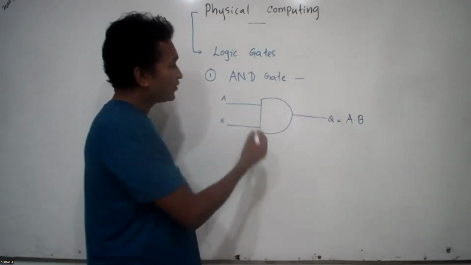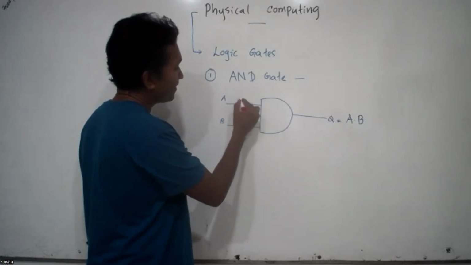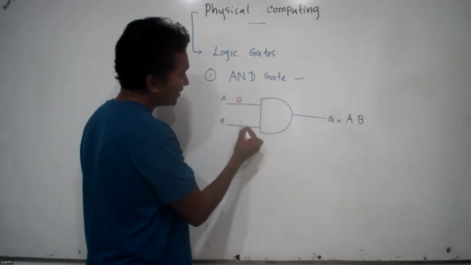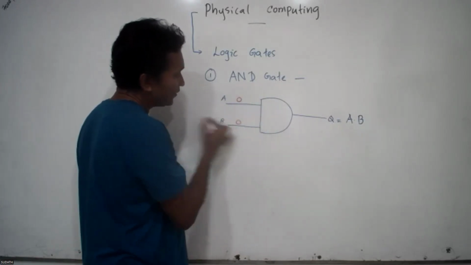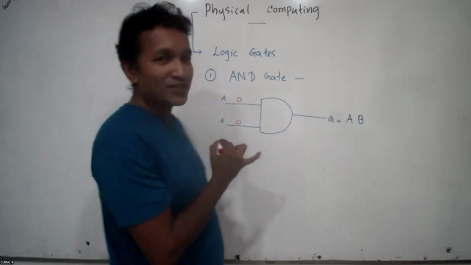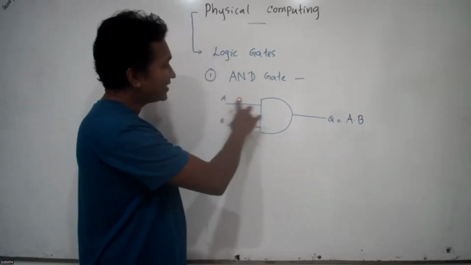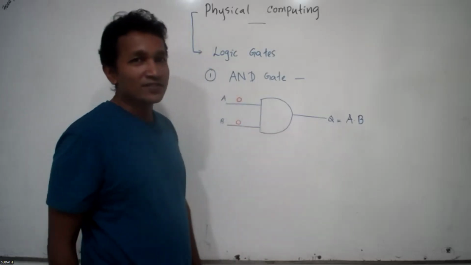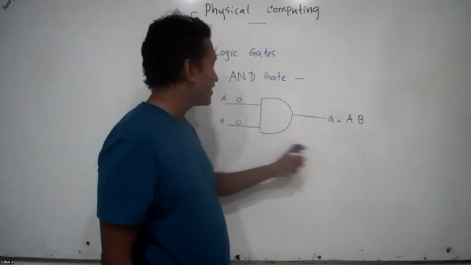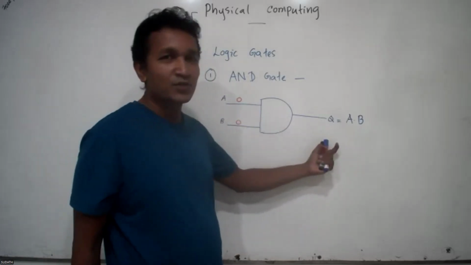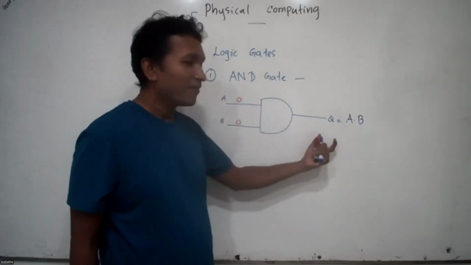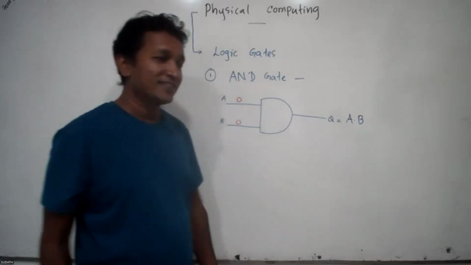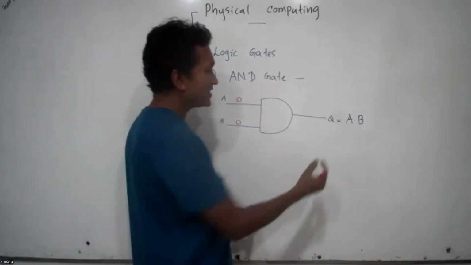So if this is 0, and this is 0, what will be the output? Two signals are there. Both of them are zeros. When these signals come through the AND gate, what will be the output? Zero.